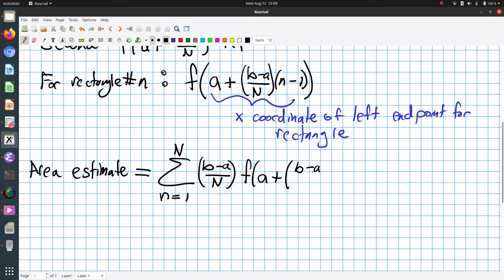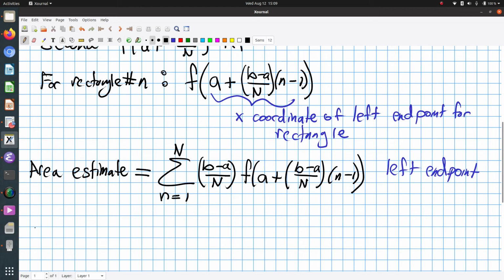They're just this formula above. And great, that's an area estimate with n rectangles, and this is the left endpoint formula.